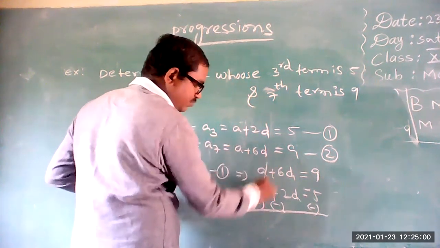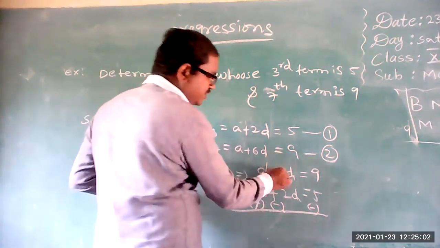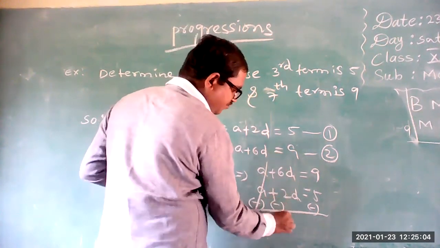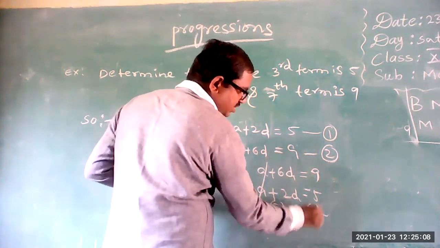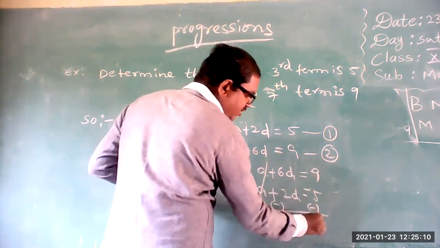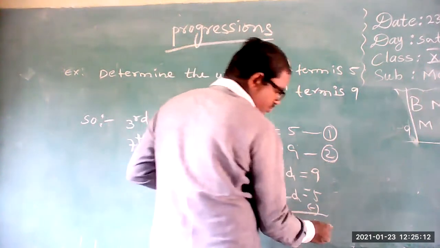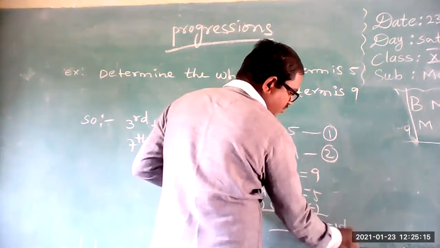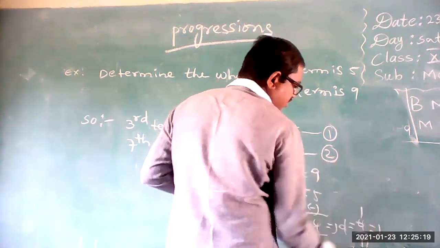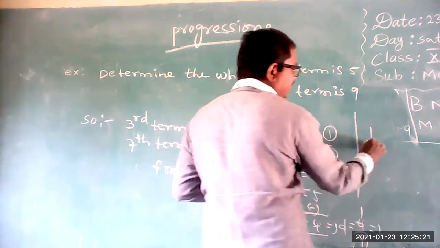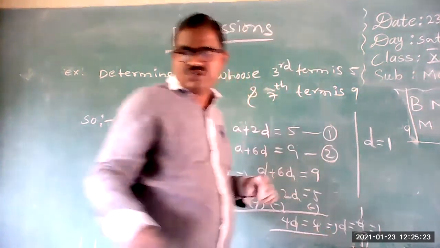A minus A cancels. 6D minus 2D is 4D, and 9 minus 5 is 4. So D is equal to 4 by 4, which is 1. Therefore the common difference D is equal to 1.